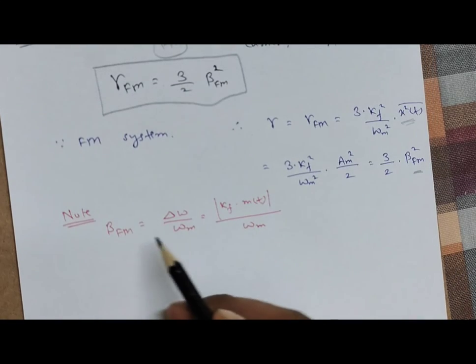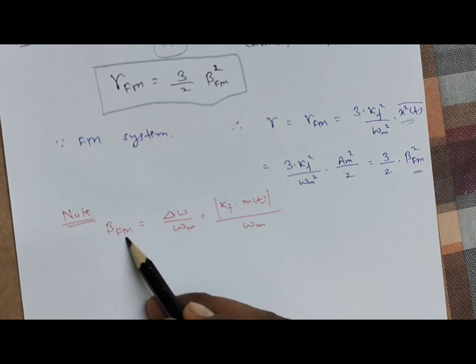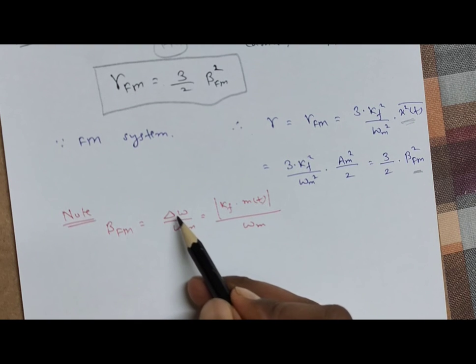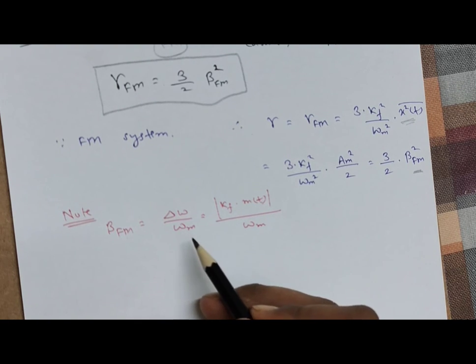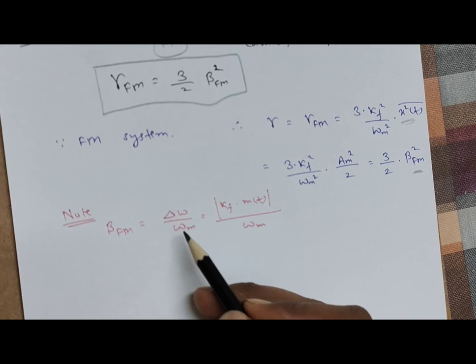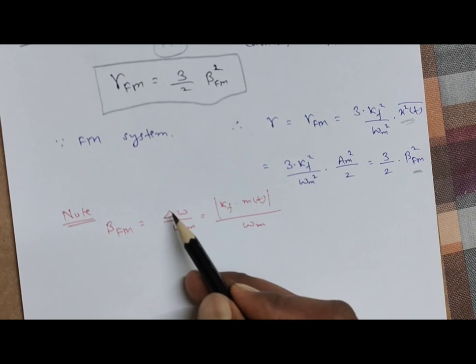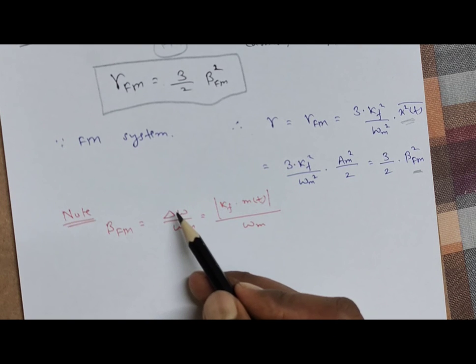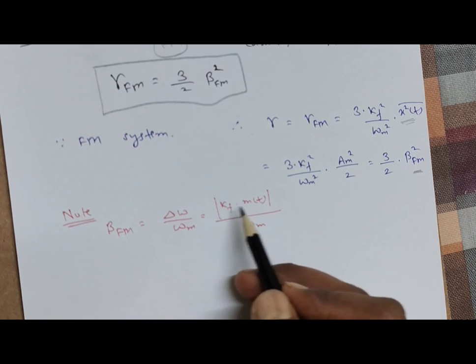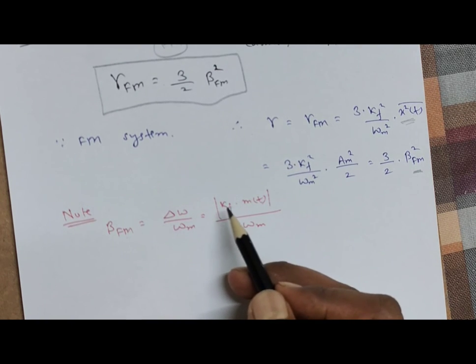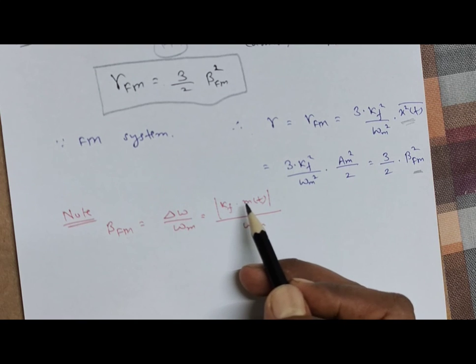Beta FM is the modulation index of the FM signal, which is given by delta omega upon omega m. Omega m is the message frequency, the modulating signal frequency, and delta omega is the frequency deviation, given as the maximum of Kf m(t).